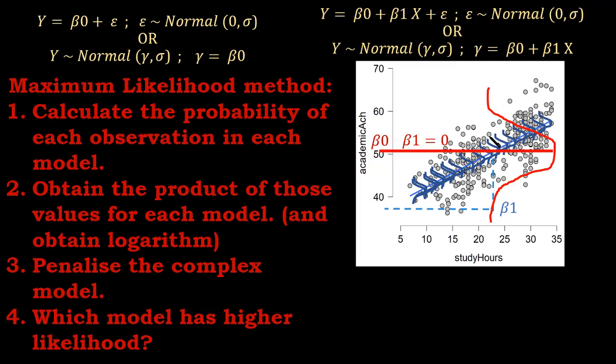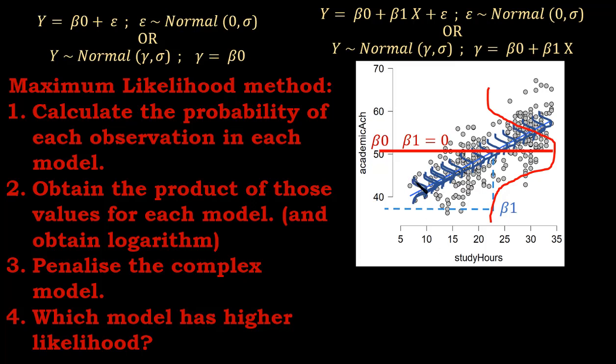So you have to do this trade-off between capturing the values in the extremes but not losing probability for values in the center. Okay, so basically you have to do that for the simpler model, and then you do the same for the complex model.